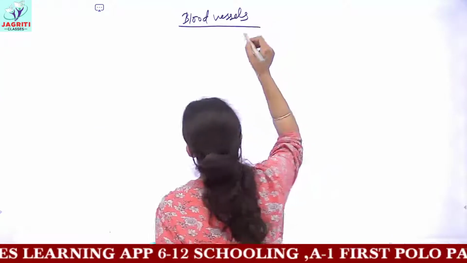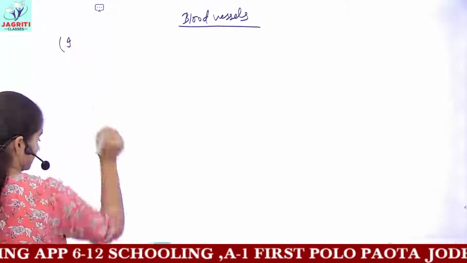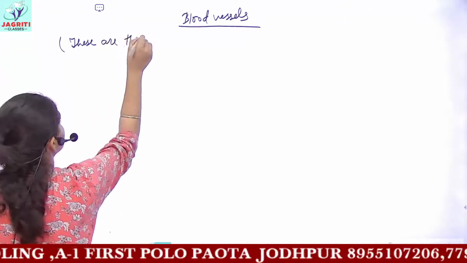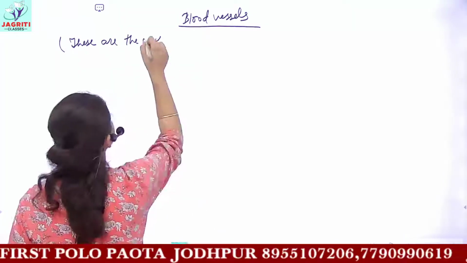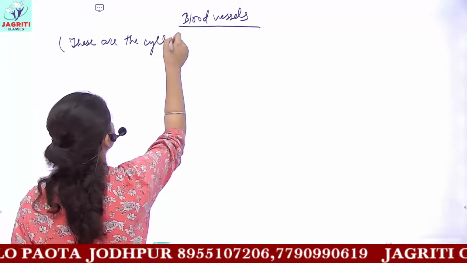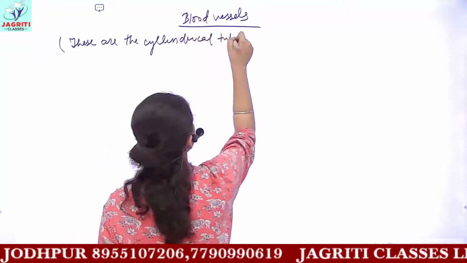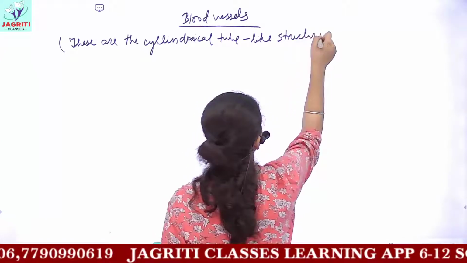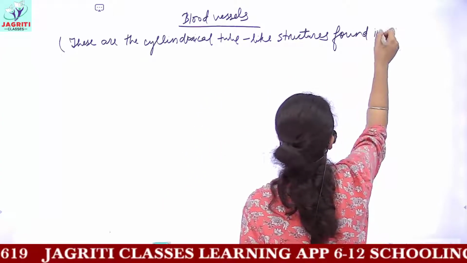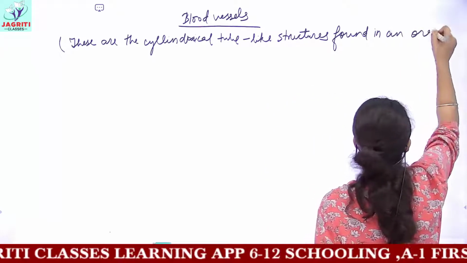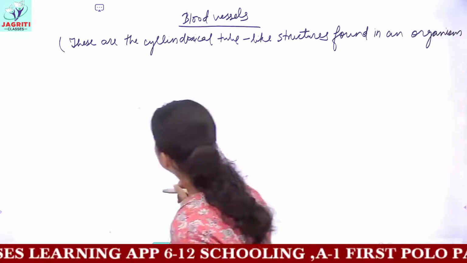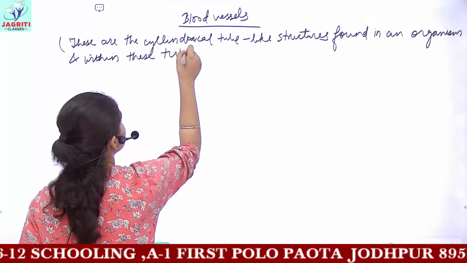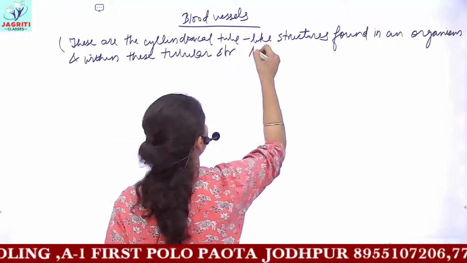So blood vessels, talking about its definition, these are the cylindrical, tube-like structures found in any organism, and within these tubular structures, blood flows.